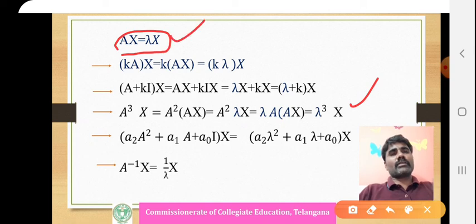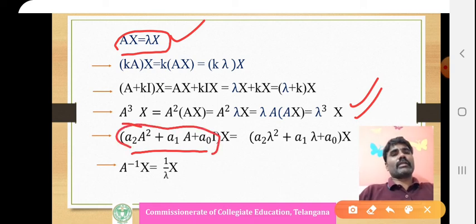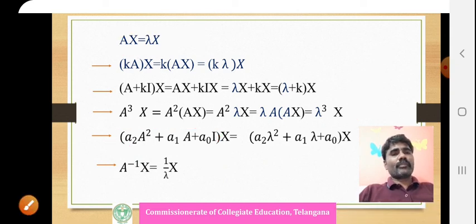First you can take this one and consider this one. Finally you reach A cube x equals lambda cube x. Or if you want to find for this one, you can consider whichever matrix it is, this is the matrix, for this one into x. We have the fundamentals, this one and A cube, this one. These two properties you can use and prove this one. Like that we can prove any property by using these concepts.